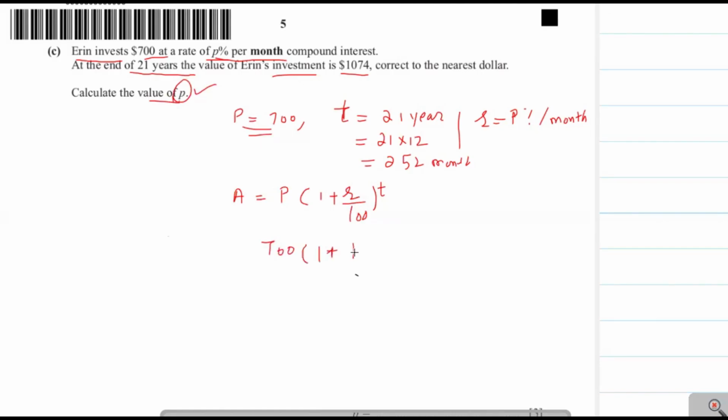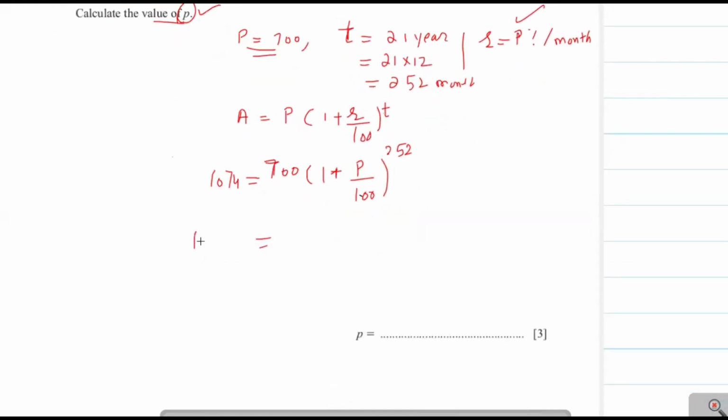R is P, we write P over 100. And time here is 252. The amount here is 1074 after 21 years. Therefore, we write 1074 over 700 equal to 1 plus P over 100 whole power 252.